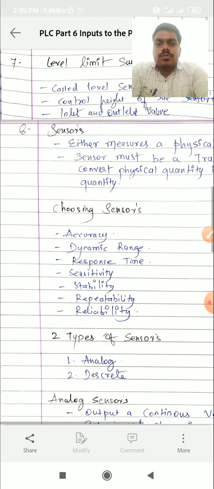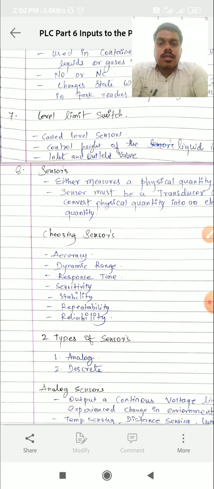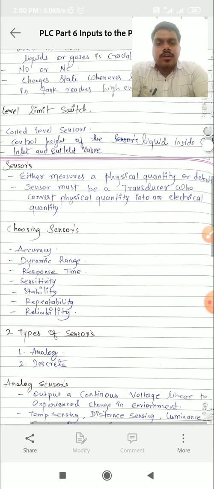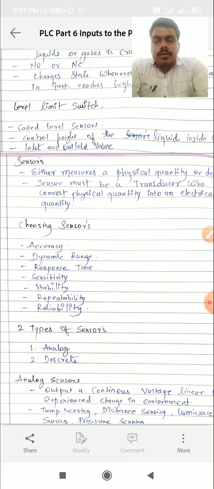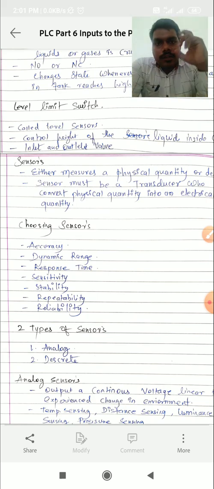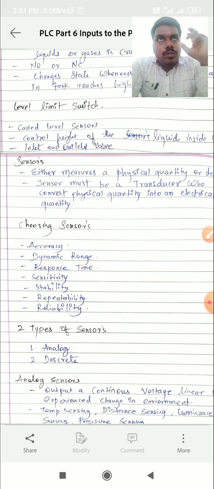The next one is the most important: sensors. What are sensors? A sensor either measures a physical quantity or detects it. As I said, in the container there will be a liquid. Suppose milk is maintained at a certain temperature. If any kind of temperature change occurs, that change will be sent to the PLC.